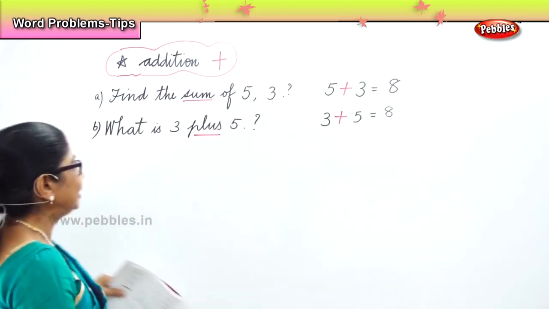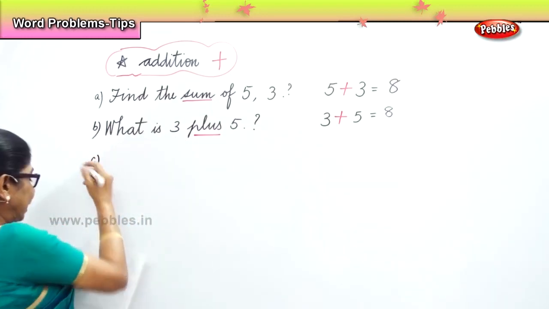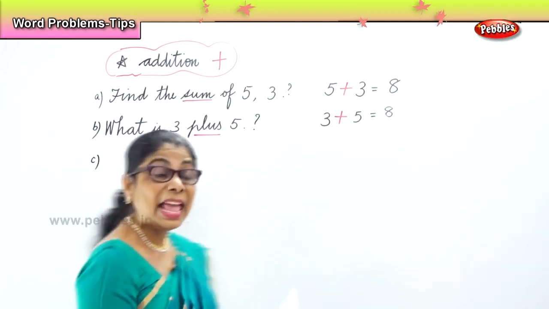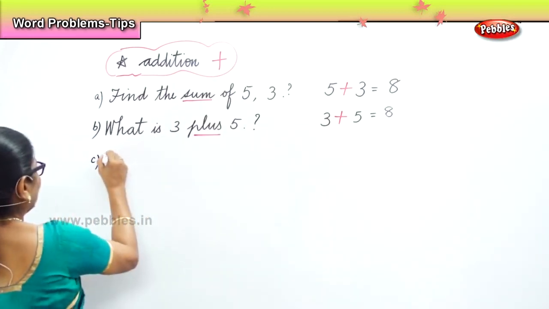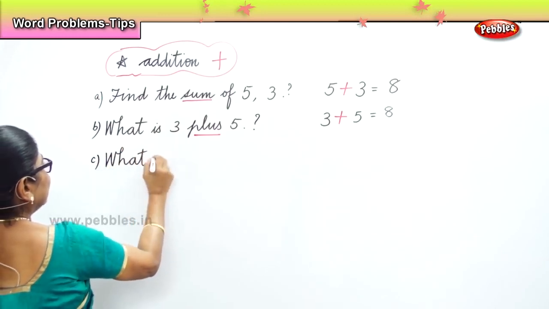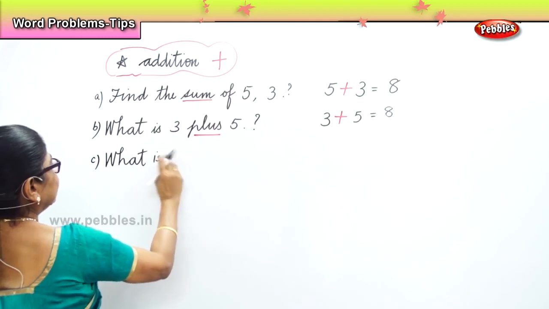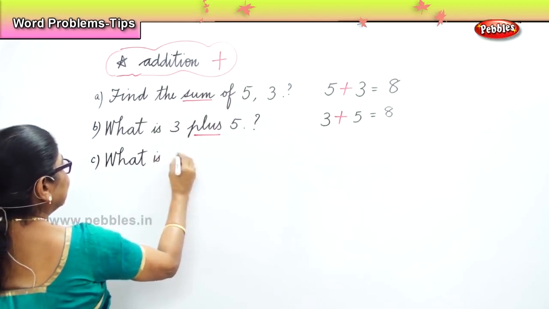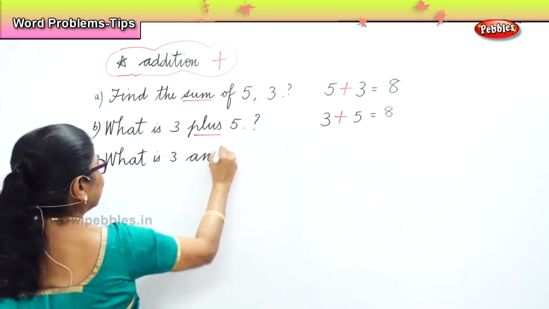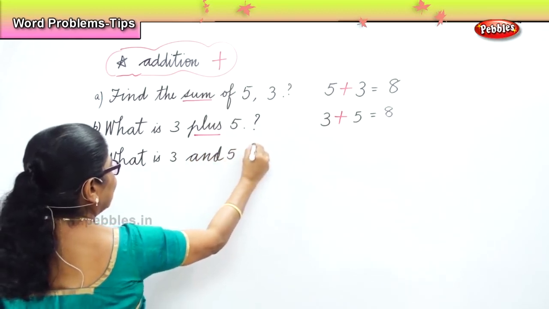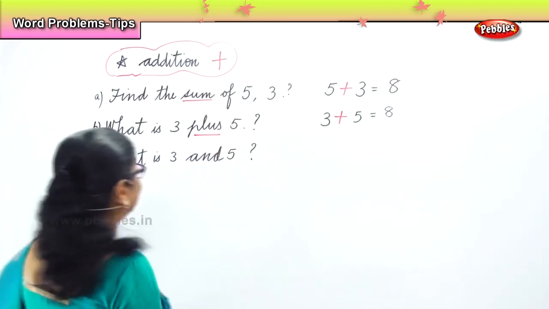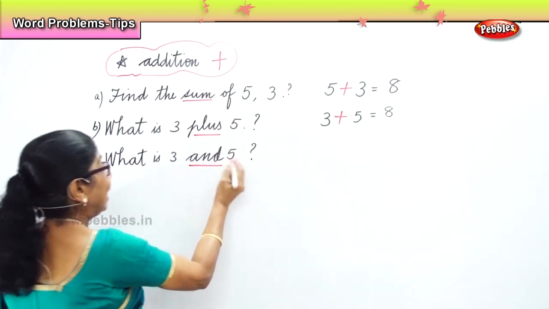Alright, the next tiny problem. What is 3 and 5? When you say and, again, and means add.